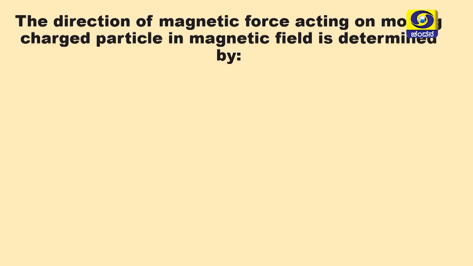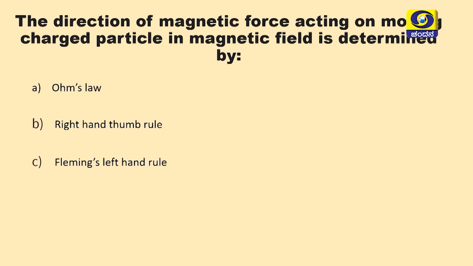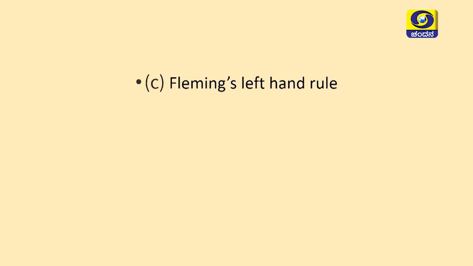The direction of magnetic force acting on a moving charged particle in a magnetic field is determined by Ohm's law, right hand thumb rule, Fleming's left hand rule, Maxwell's right hand screw rule. The correct answer is Fleming's left hand rule.